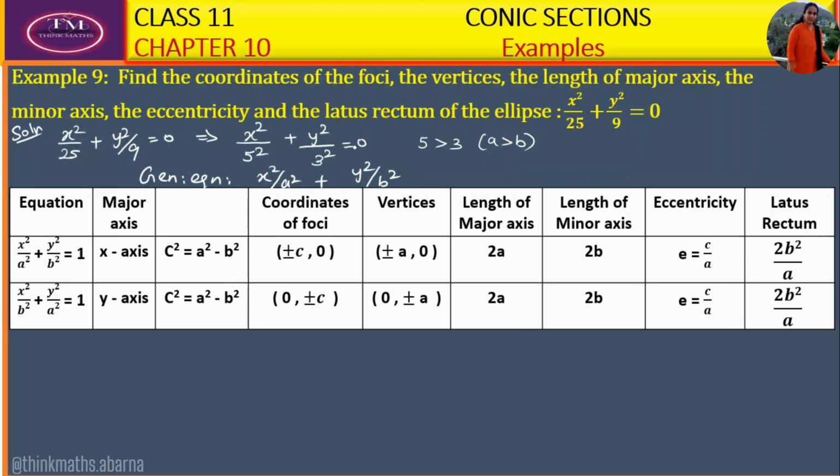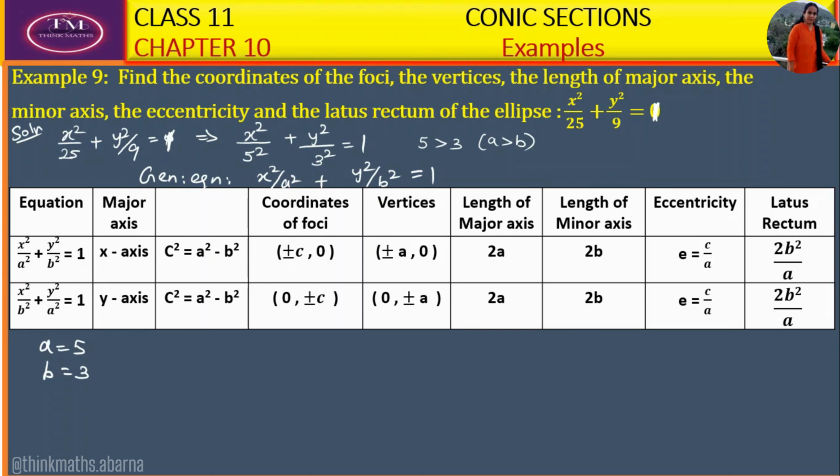Yes, this is 1 here, not 0. X square by 25 plus y square by 9 equal to 1. So this is the general equation. That means here you have a is equal to 5 and b is equal to 3.